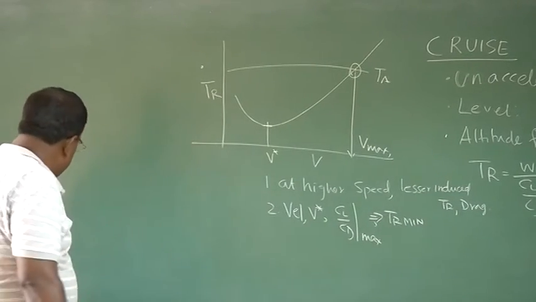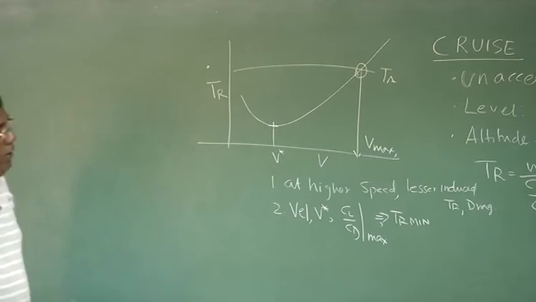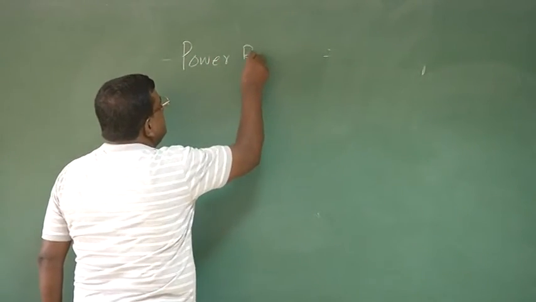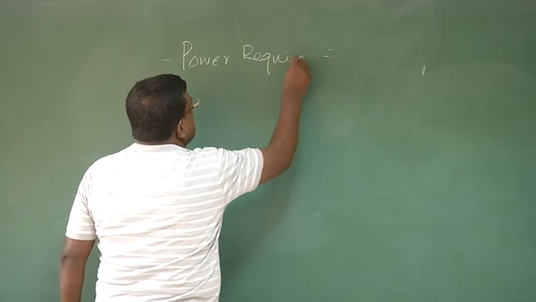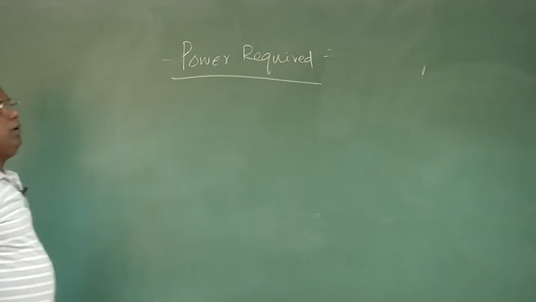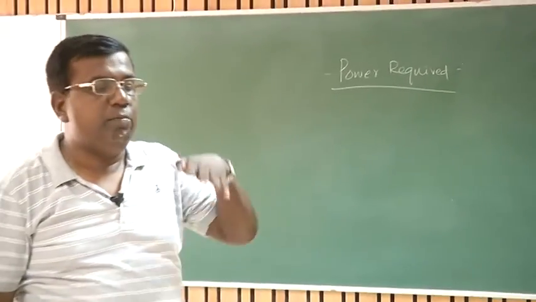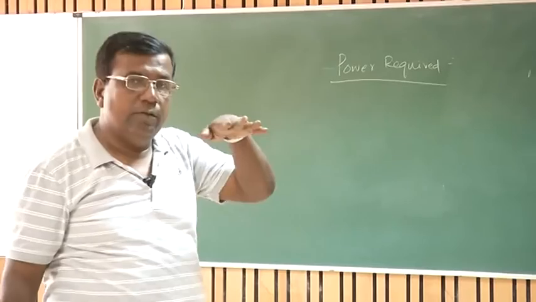After that we went for power required. It was straightforward for us because this is a power required at a cruise. That means power required with a constant velocity.